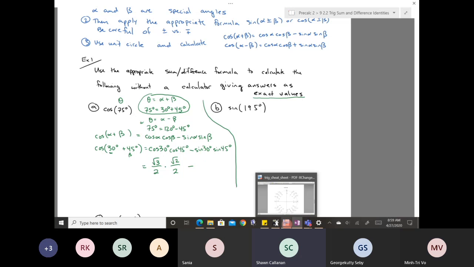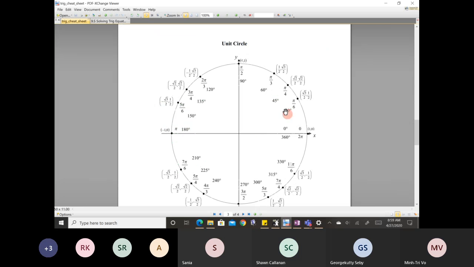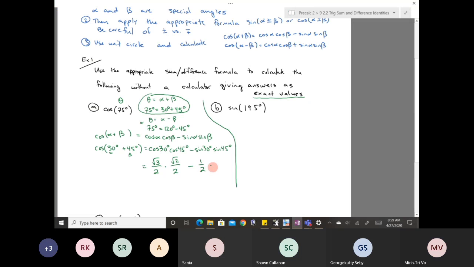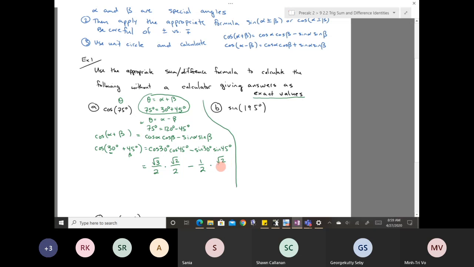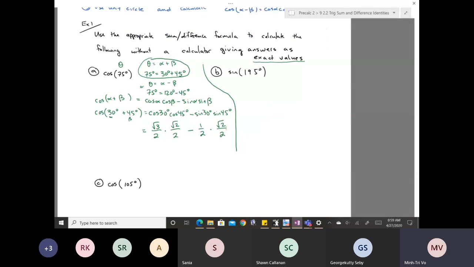Sine 30 is 1/2. And sine of 45 degrees is square root of 2 over 2. Now we can just calculate this. Multiplying fractions, just multiply straight across. Square root of 3 times square root of 2 gives you square root of 6. 2 times 2 is 4. And then 1 times square root of 2 is square root of 2. 2 times 2 is 4.